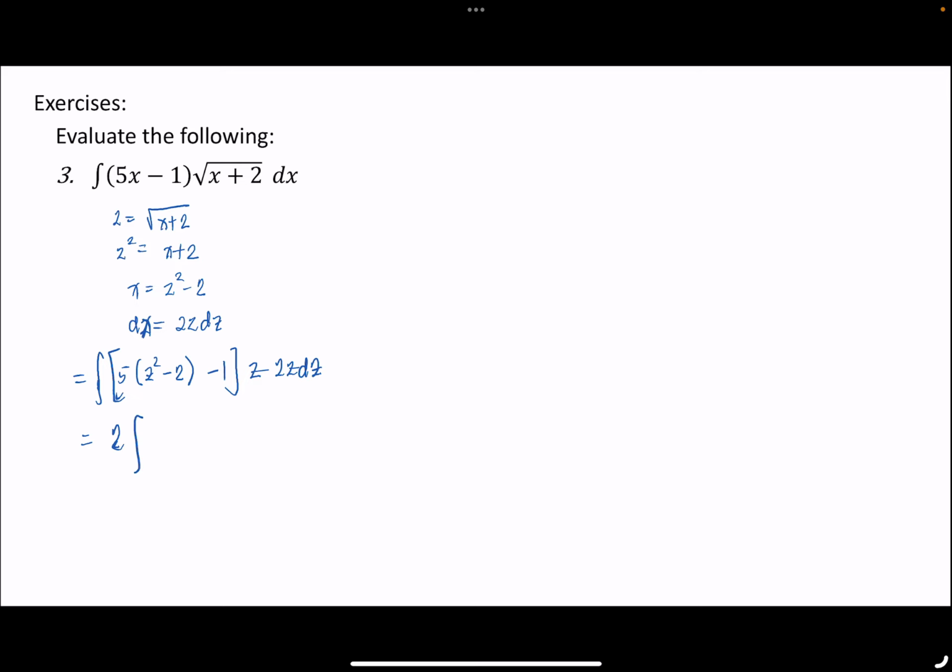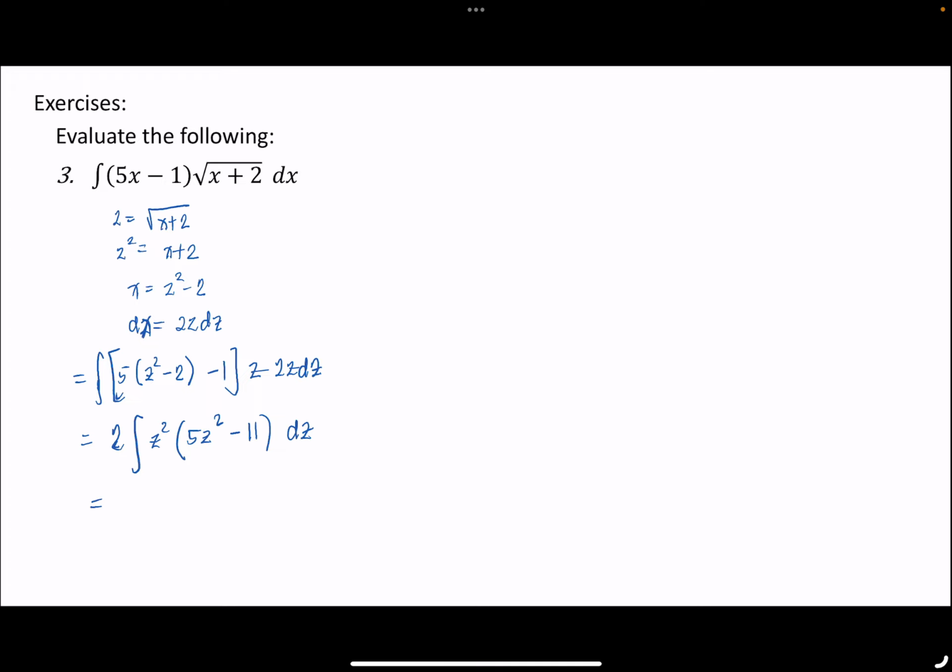So we have 2 times the integral of z times (5z squared minus 10 minus 1), so minus 11, dz. Let's check whether we have considered all the terms. 5, and x is z squared minus 2, so that's 5z squared minus 10, minus 1, so minus 11, and 2 times z is 2z squared.